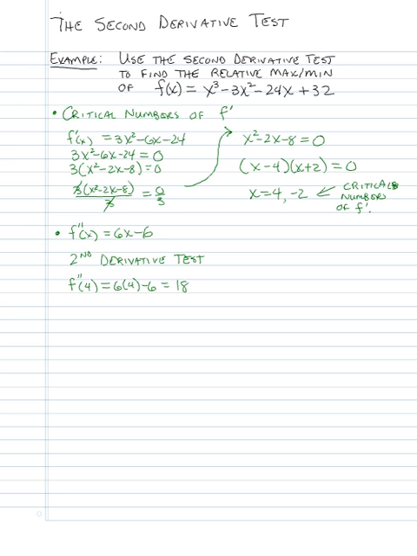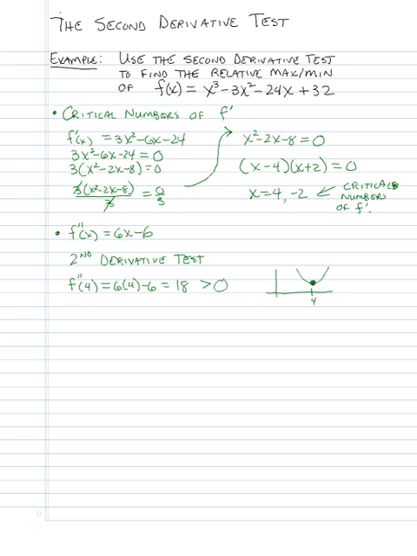Now, remember the second derivative test says if the second derivative is greater than 0, what does that mean? The second derivative is greater than 0 where x is 4, which means the graph is concave up. So that tells us that we have a minimum.